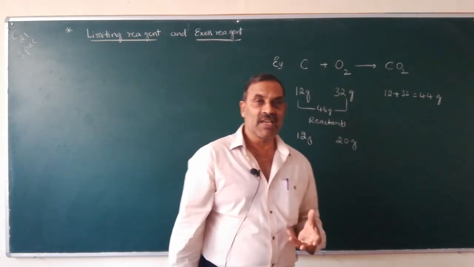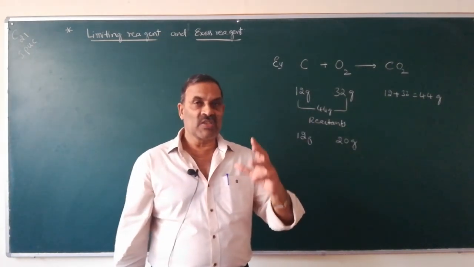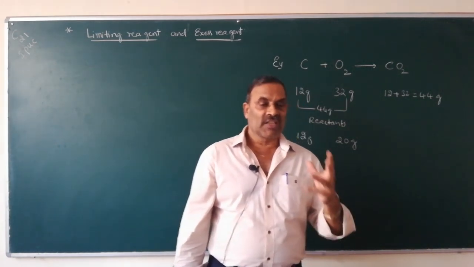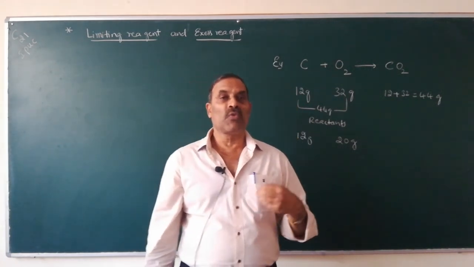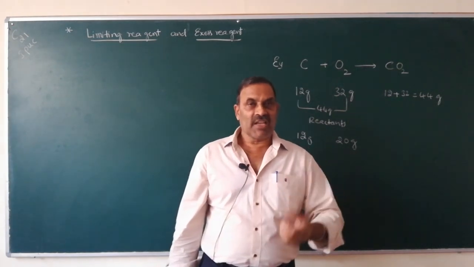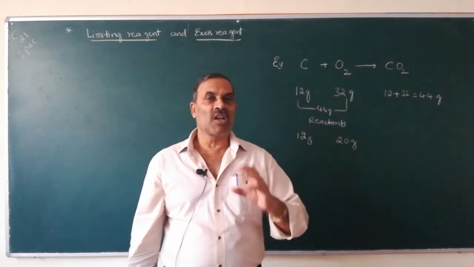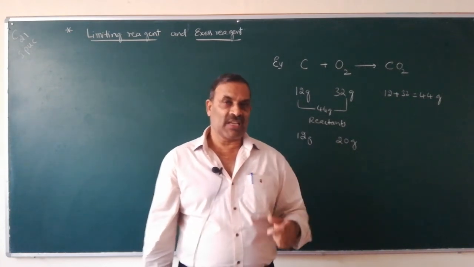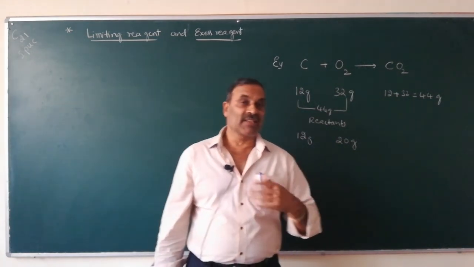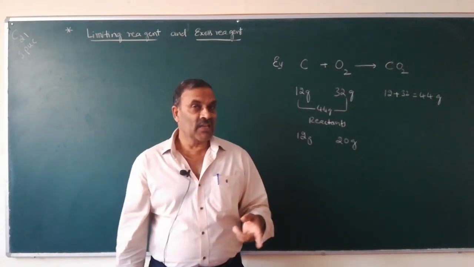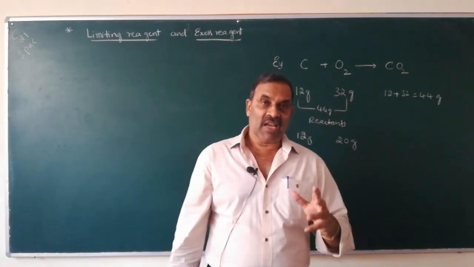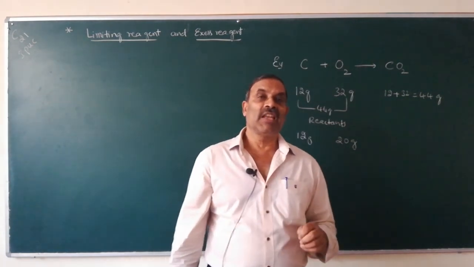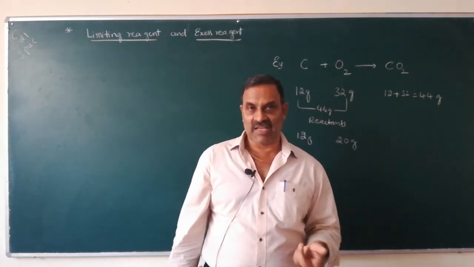What is a limiting reagent? The reactant which is consumed completely, or consumed first, or present in smaller quantity. Then what is an excess reagent? The reactant which is not consumed completely in a chemical reaction.